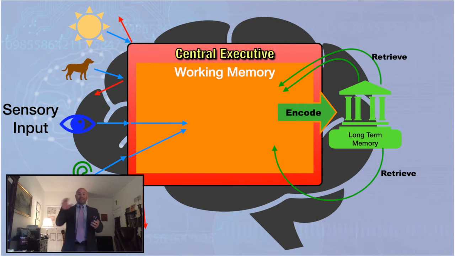Once information is in working memory, we make connections to long-term memory, and those connections are then hopefully encoded into long-term memory. It's not 100%, but this is the process of how we encode those connections. And so the process of learning is retrieving information from long-term memory, making connections, encoding, and so on.